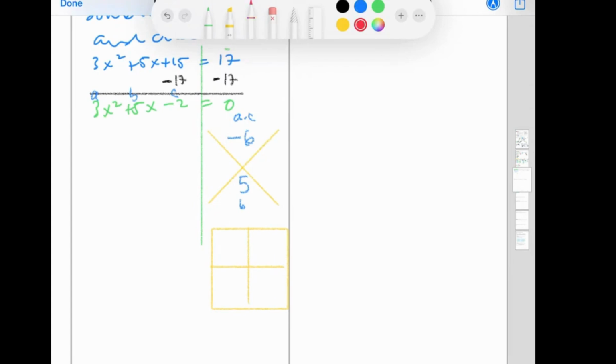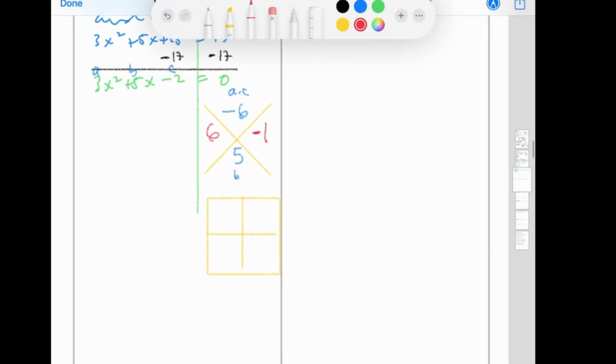What are my two numbers? I think they're going to be 3 and 2. No. It's going to be 6 and 1. 6 times a negative 1 is negative 6, and 6 plus negative 1 equals positive 5.